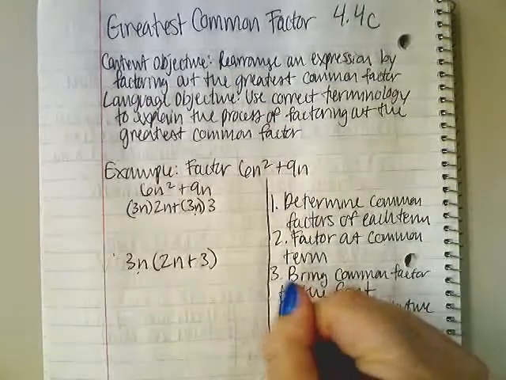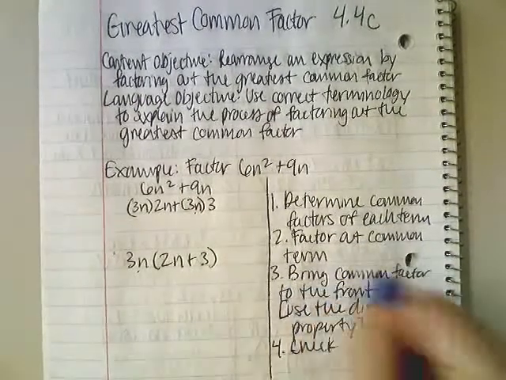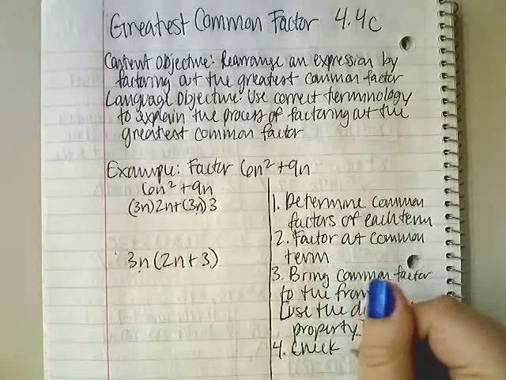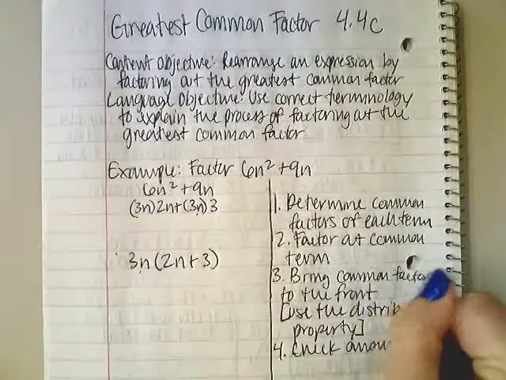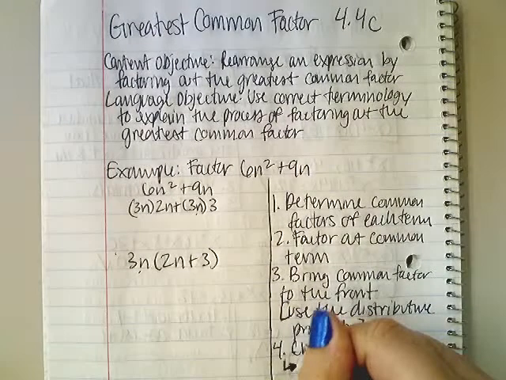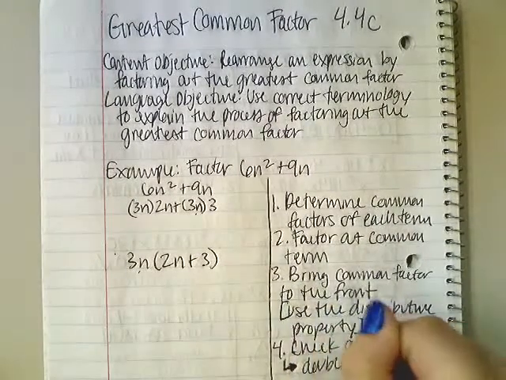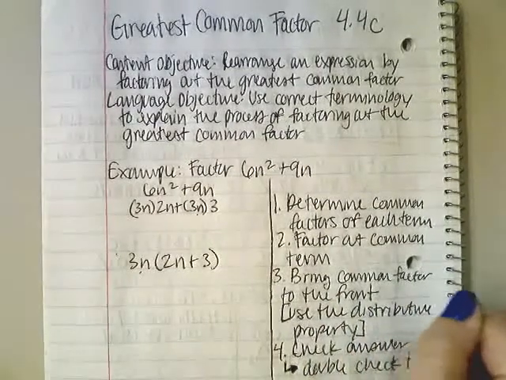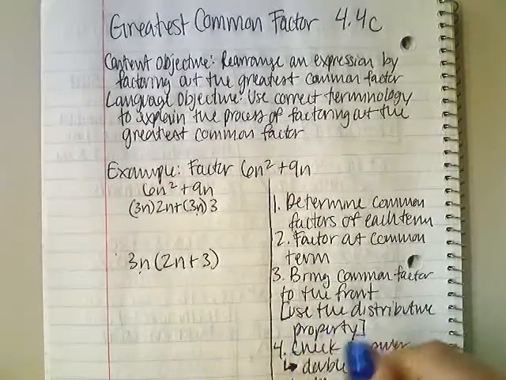Last thing, you don't necessarily have to do this, but if you're ever unsure, you can check your answer. You should also double check to make sure there's no other common factors.